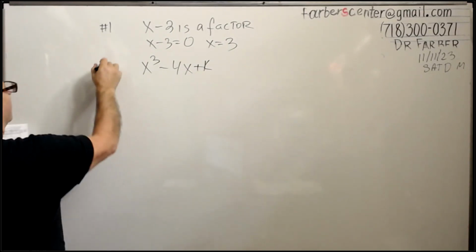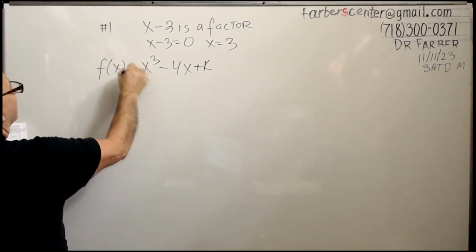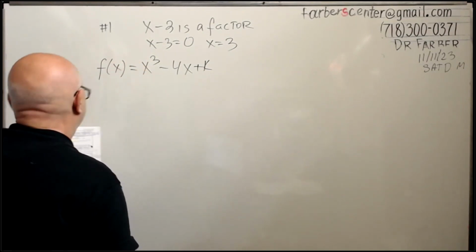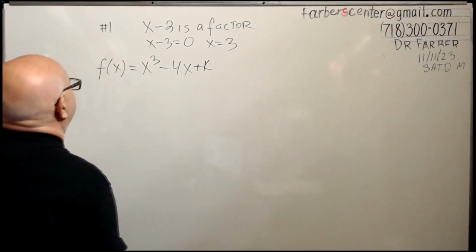Imagine this is f of x, and this is a factor. So it means the remainder equals 0.